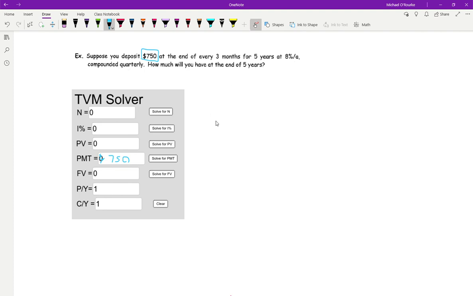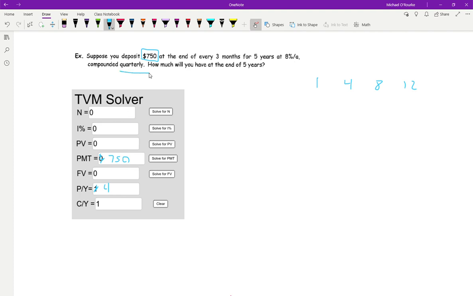Now, 5 years, at the end of every 3 months. So if you think about every 3 months, we'd put one in at month 1, 4, 8, and 12. So that's quarterly. Okay, that's every 4.